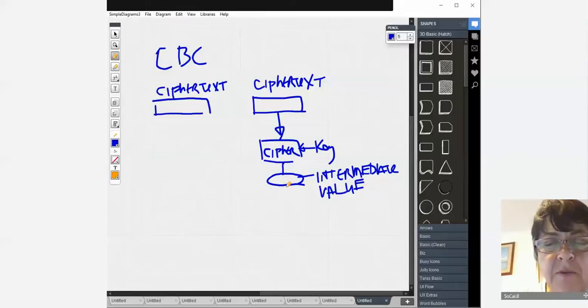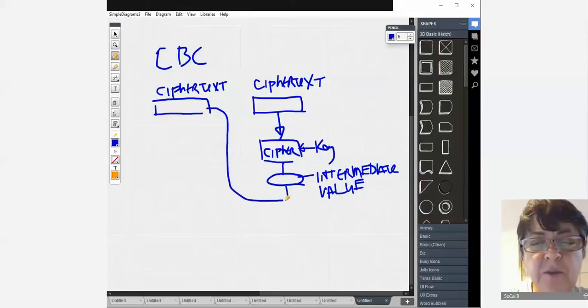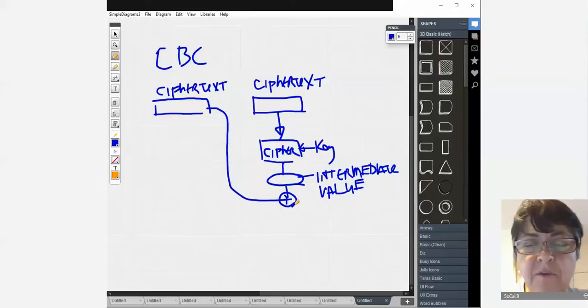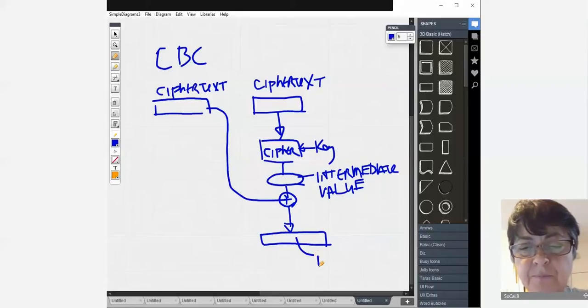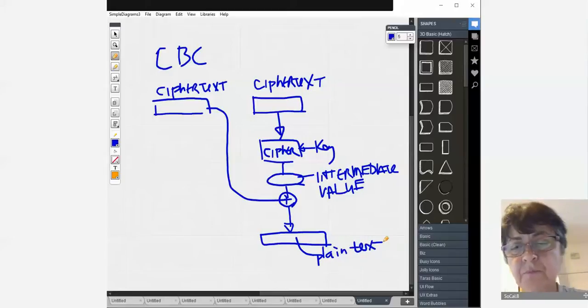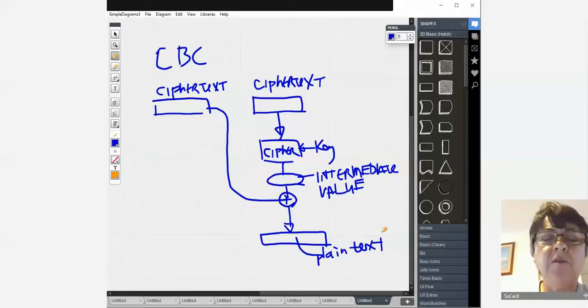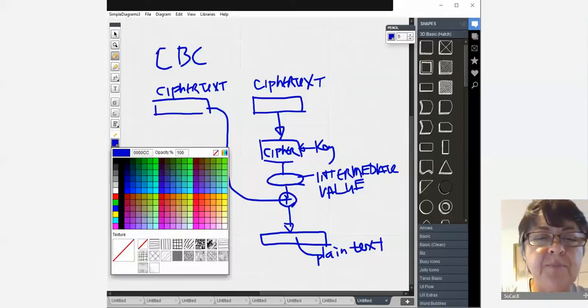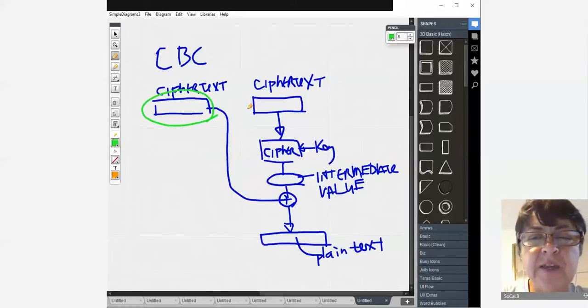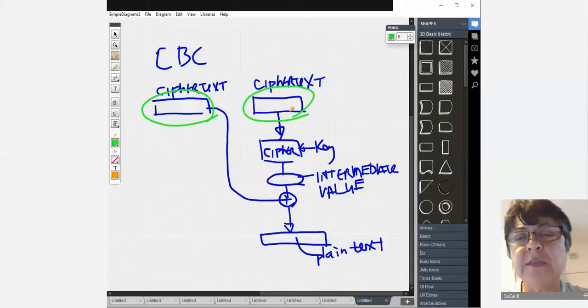Then you take the intermediate value and XOR it, and you get the plaintext out of it. So the question is, can you use this scheme somehow? You have access to this thing, and you can stick things into the cipher, and somebody's going to tell you if you got it right or wrong.